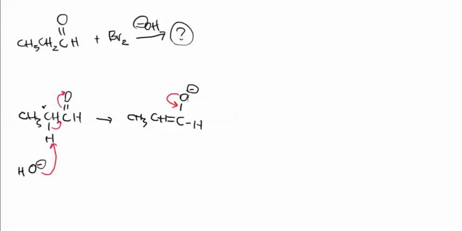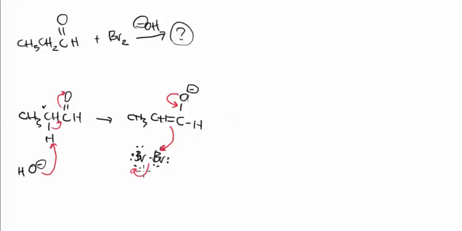Well, not quite yet, because in this solution we have Br2, right? So the story with Br2 is still the same. London dispersion can happen. We can see a slightly positive bromine that could come around if it needs to. So this double bond of the carbon can break, and those electrons can help pull one of these bromines off, and then bromine will take the other set of electrons and go.